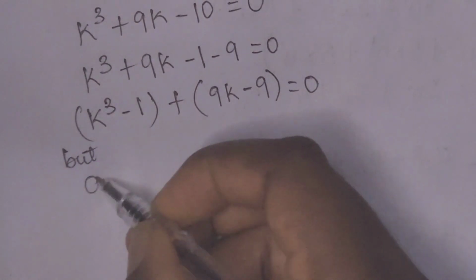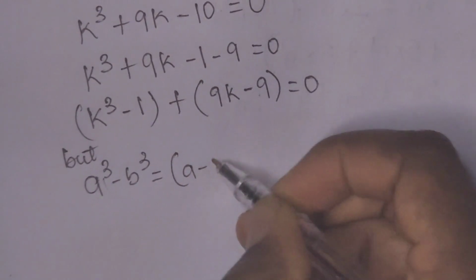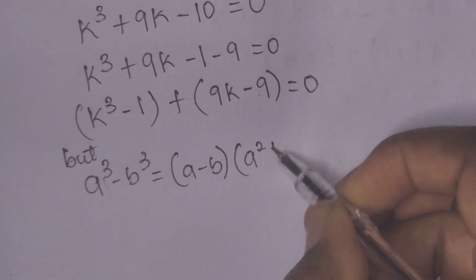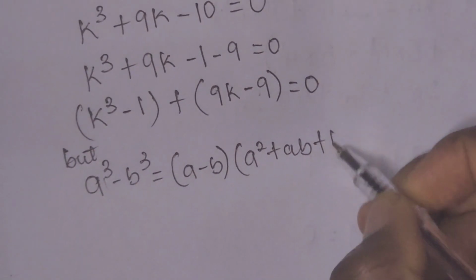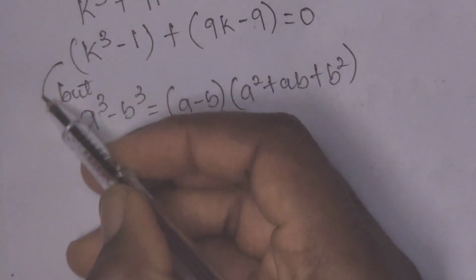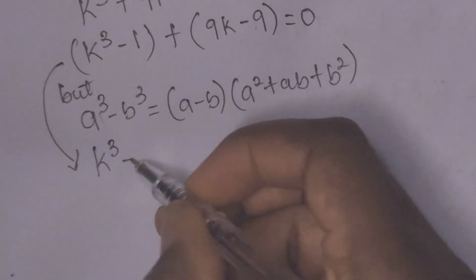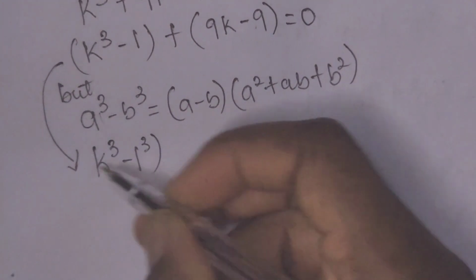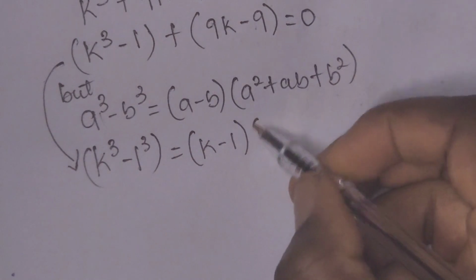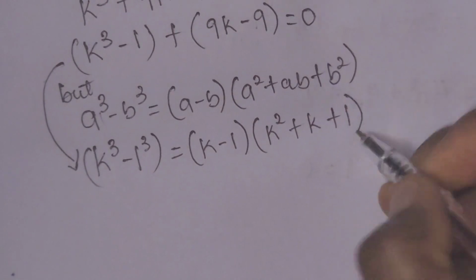But we know that a to the power of 3 minus b to the power of 3 is the same as a minus b times a squared plus ab plus b squared. So this simply means that k to the power of 3 minus 1 to the power of 3 is now equal to k minus 1 times k squared plus k plus 1.